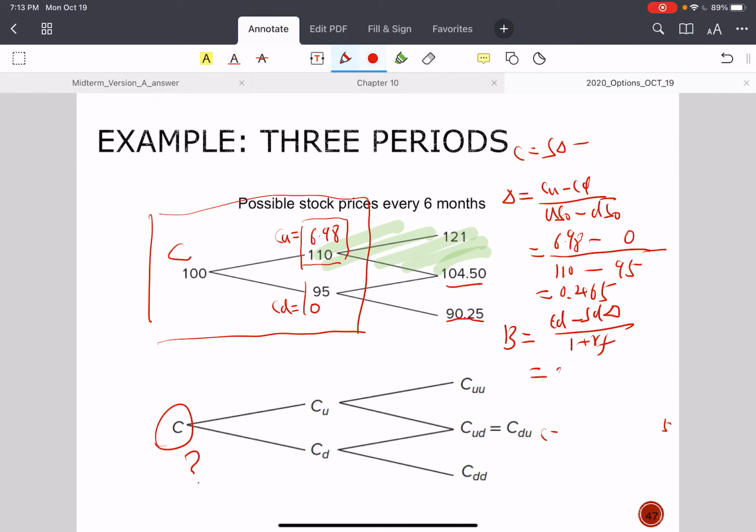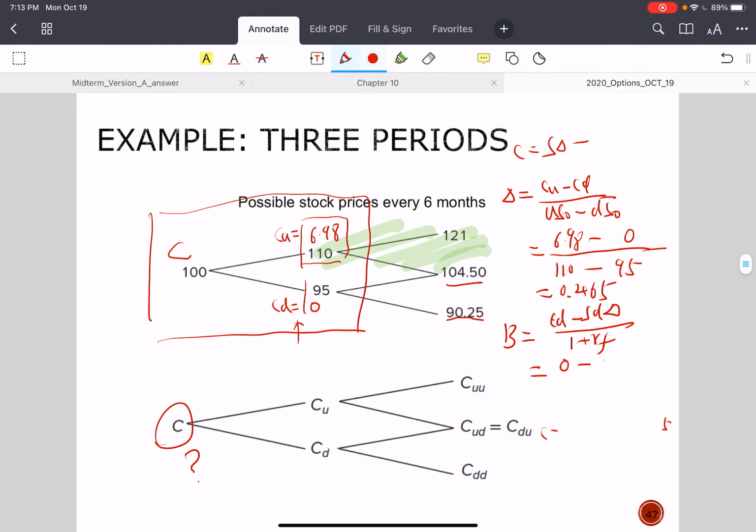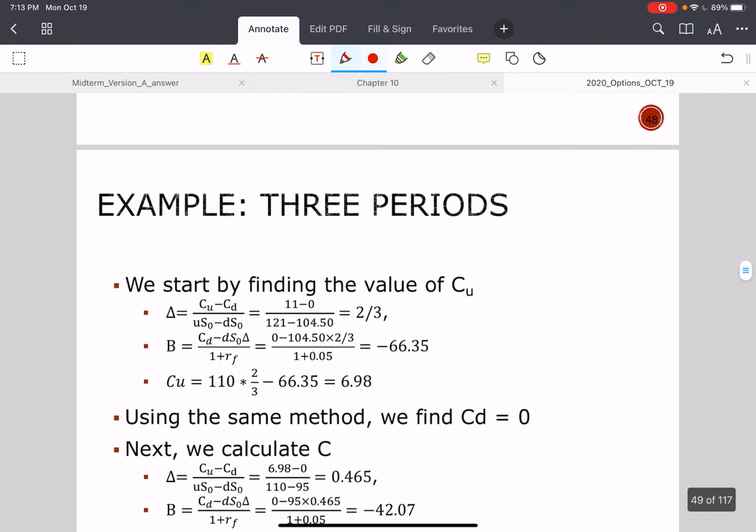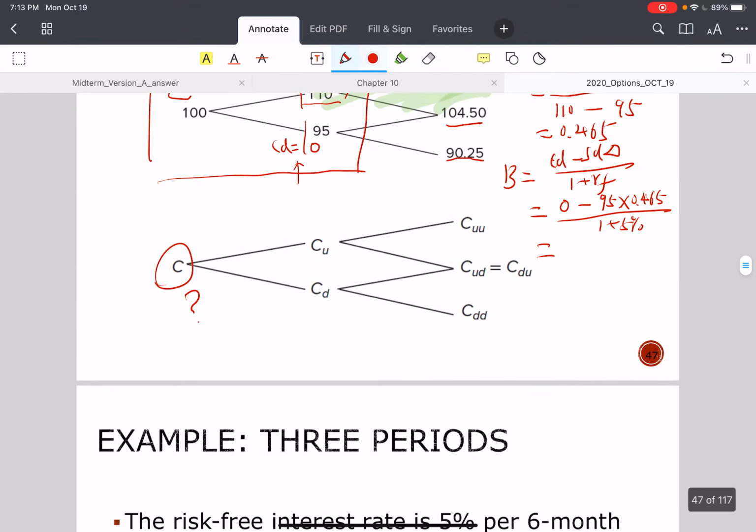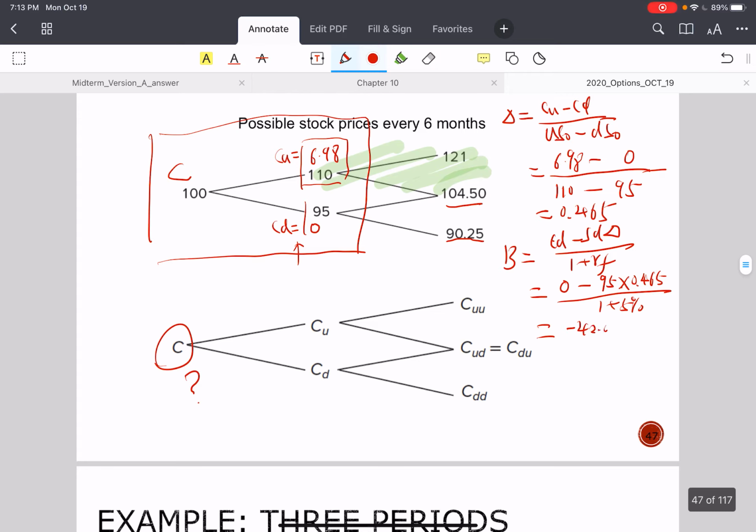So CD would be 0, because we're looking at this guy here. So 0 minus the down price, which is 95. Delta is 0.465, 1 minus 5%. So this gives you minus 42.07.